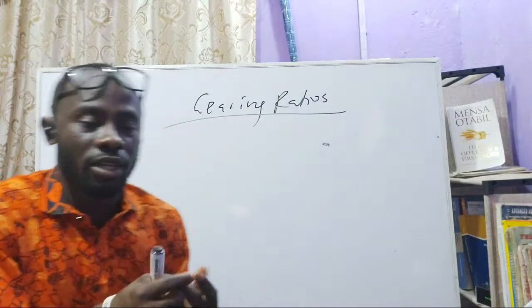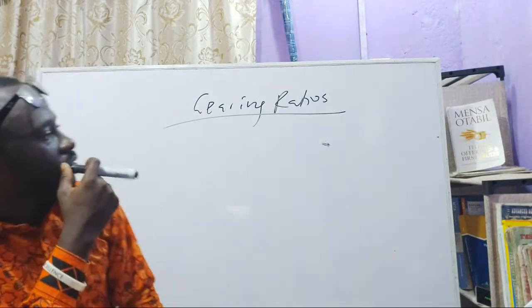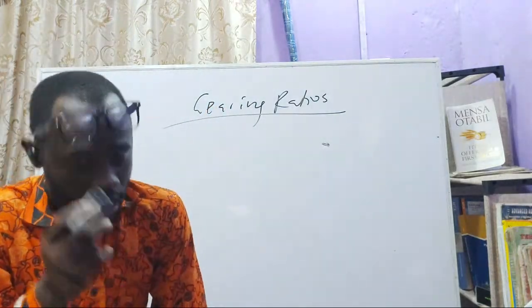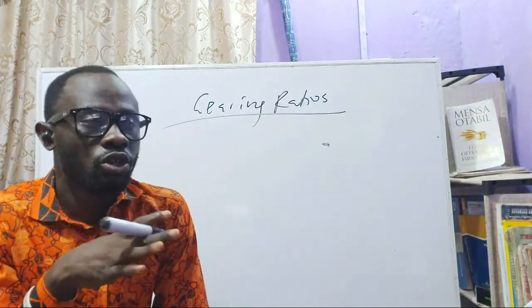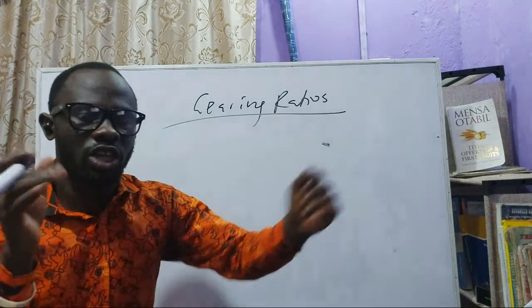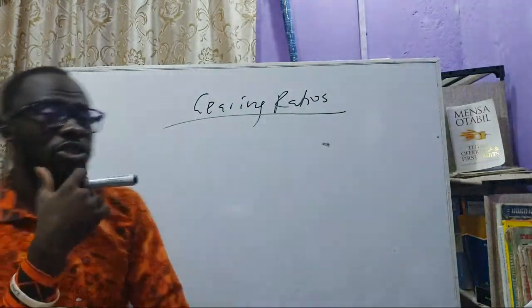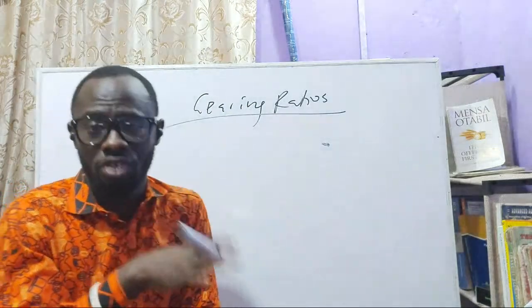The gearing ratio not only assesses that, but it also looks at the capital structure of the organization. Now remember, anytime you're talking about gearing ratio, one of the things that must come into your mind is interest.